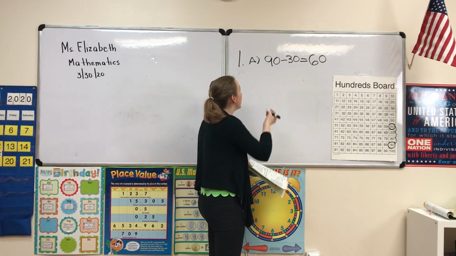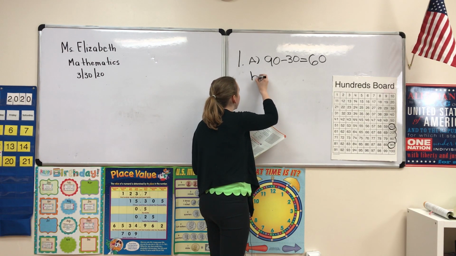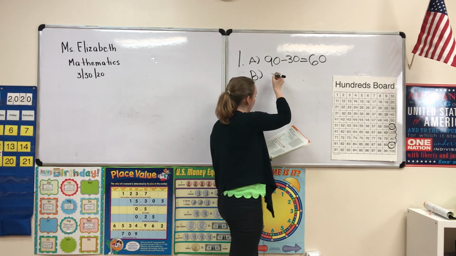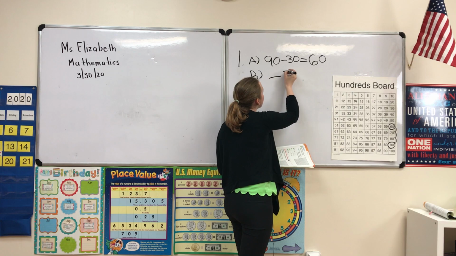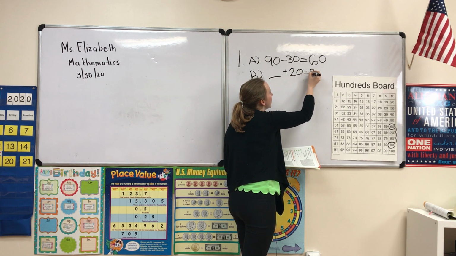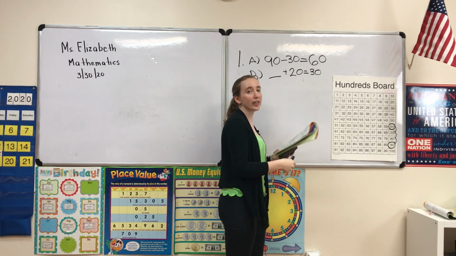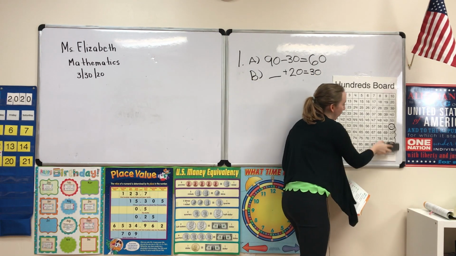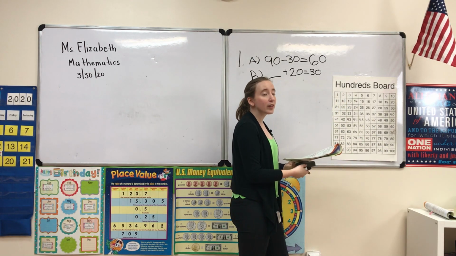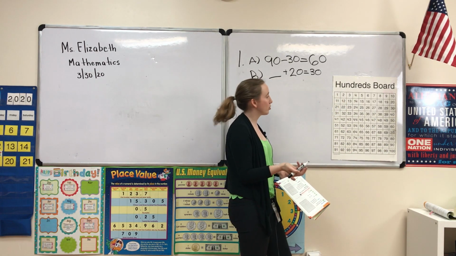Now let's try and solve B. What plus 20 equals 30? So even though this is an addition problem, the best way for us to solve it is with subtraction.